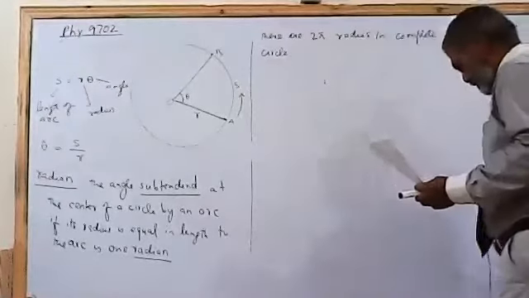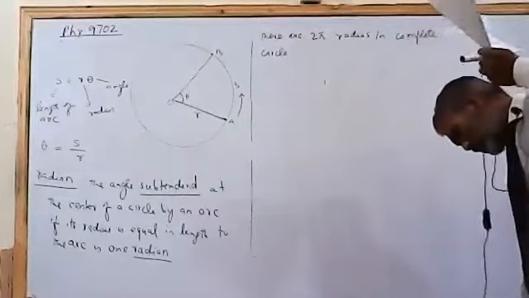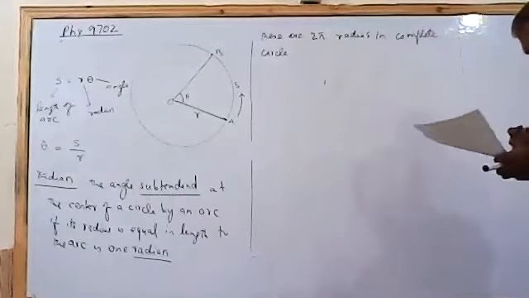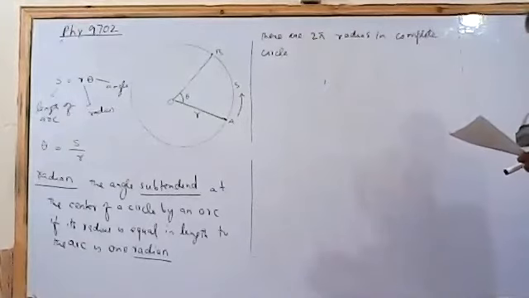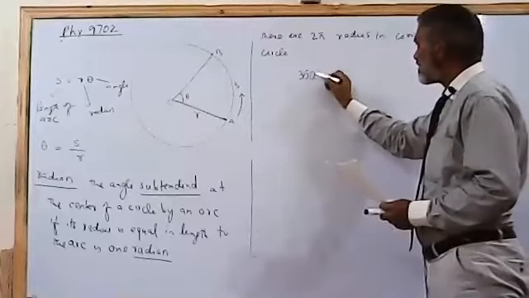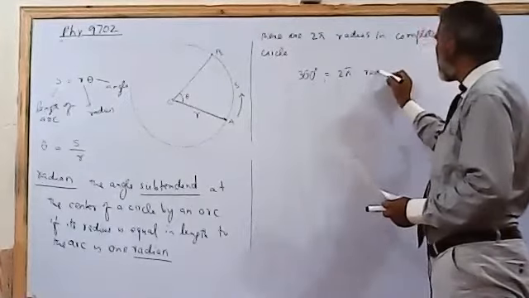2 pi radians. That means 360 degrees is equal to 2 pi radians.